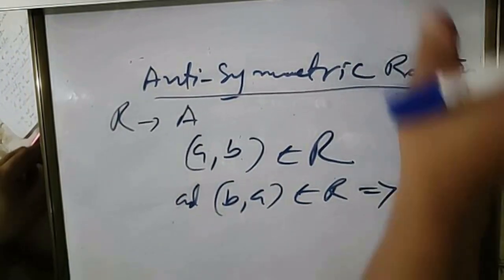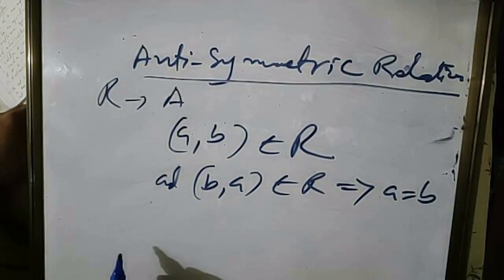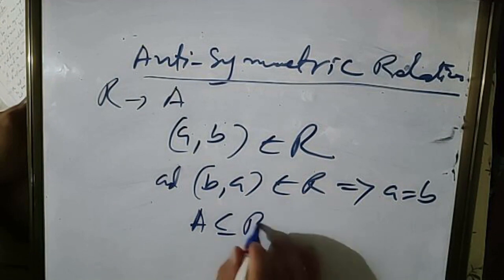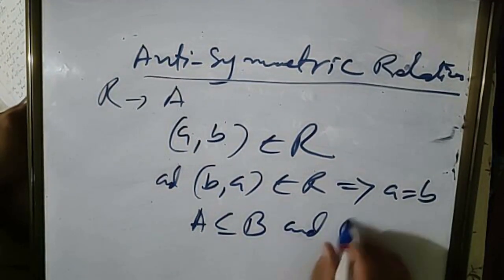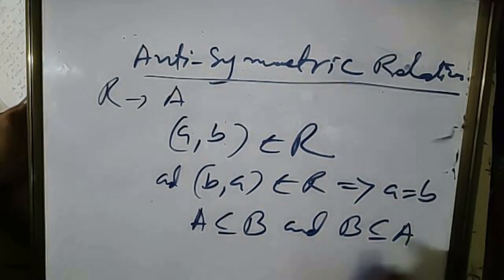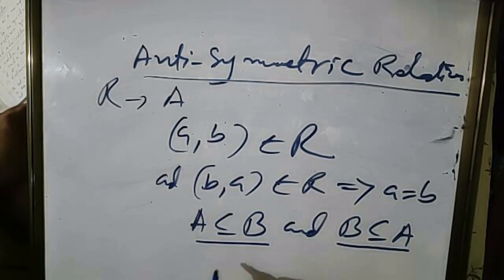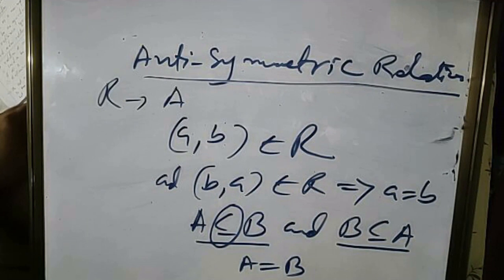For example, A is a subset of B and B is a subset of A. If these conditions hold simultaneously, then A and B are equal. That's why set inclusion is an anti-symmetric relation.